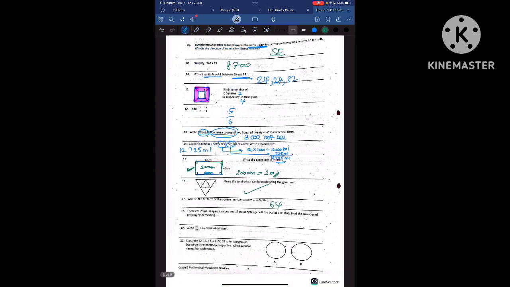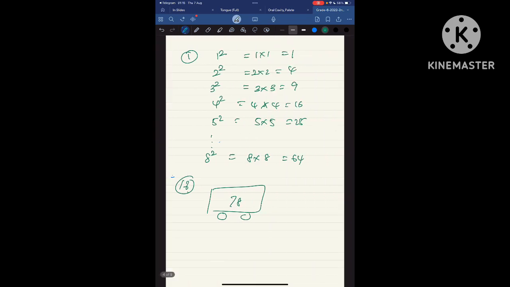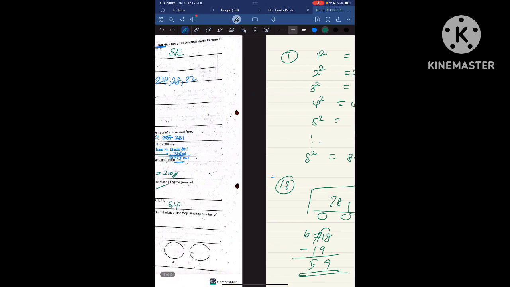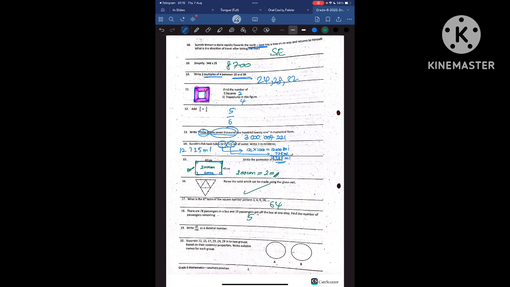How many got off? 19. 19 went away. If 19 went away, how many are there in the bus? So 78 minus 19. This is 9. Here it is 6 minus 1 is 5. 59. 59 is remaining.